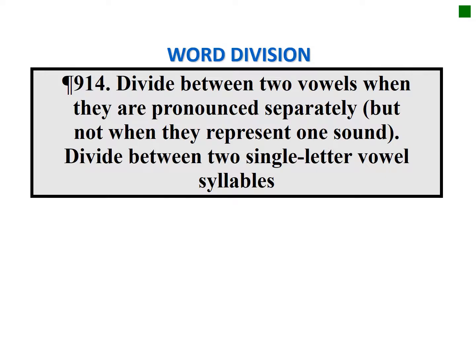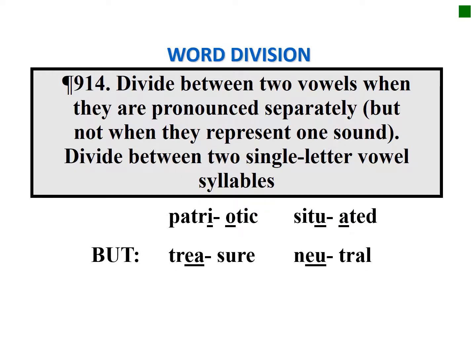Divide between two vowels when they are pronounced separately, but not when they are part of a single sound, such as patriotic. You hear the I and the O. Situated. So you would divide between those.